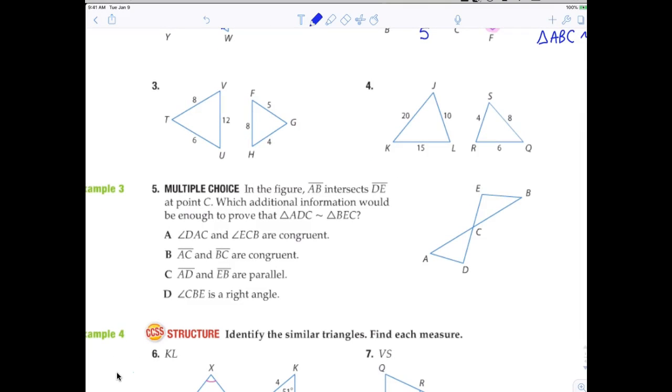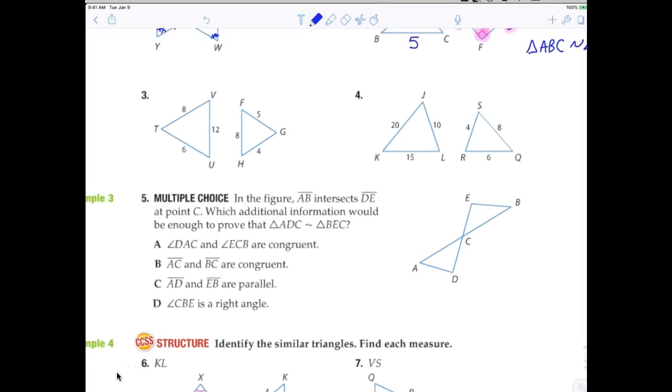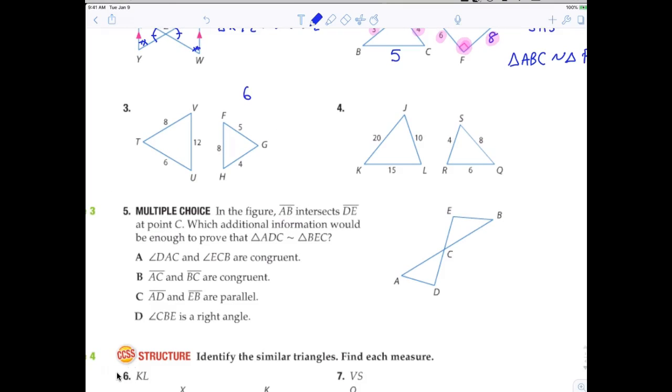Now, in my opinion, what I like to do when I have all three sides is write small to large. So what I mean by that is 6, 8, 12. And then on the other side, it would be what? 4, 5, 8. Again, you don't have to worry about it if you write them in numerical order.